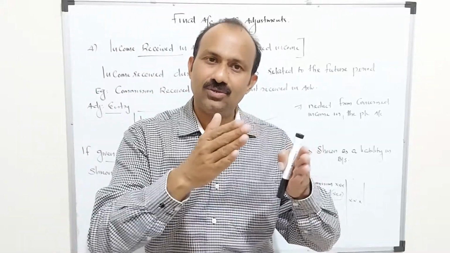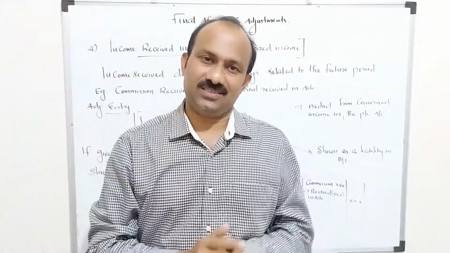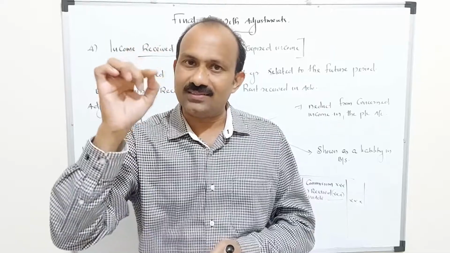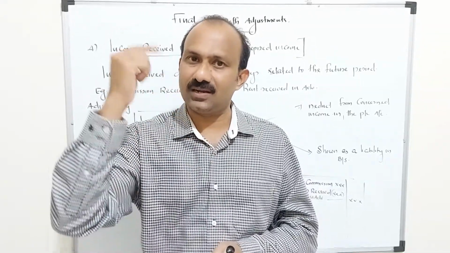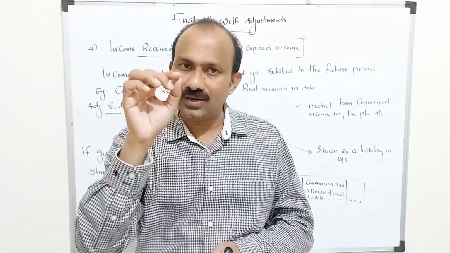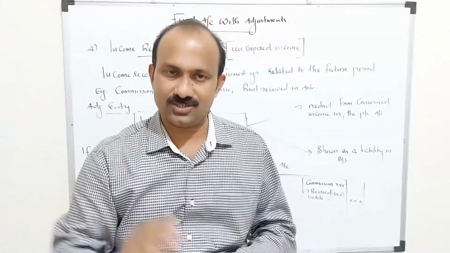So you have to transfer the next year portion to the next year. So the income for the current year is only 8,000. 10,000 you earned, but 2,000 is related to the next year.